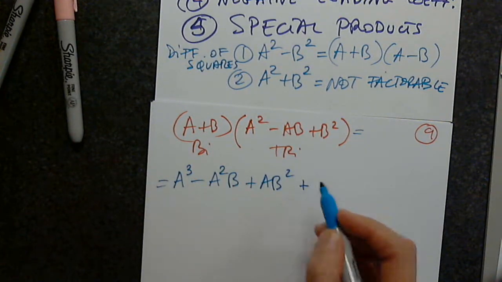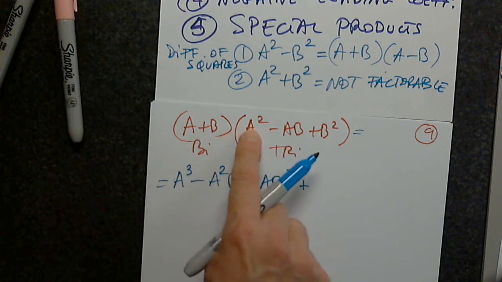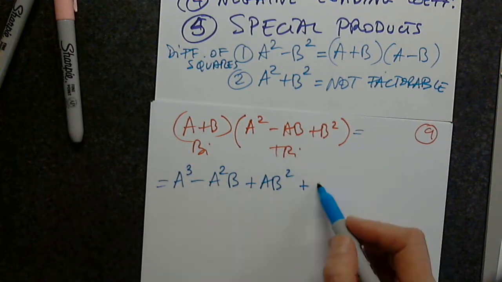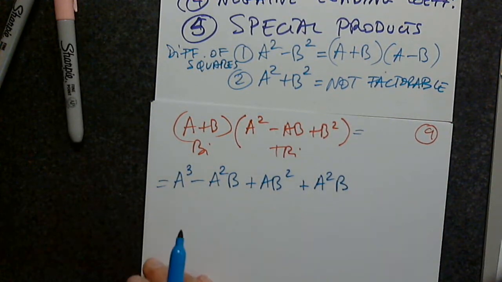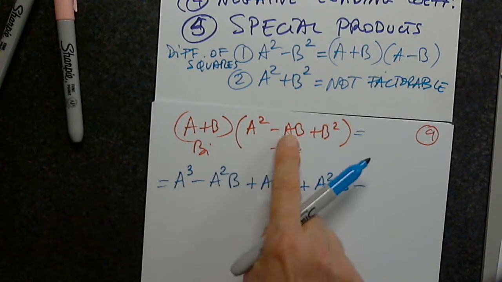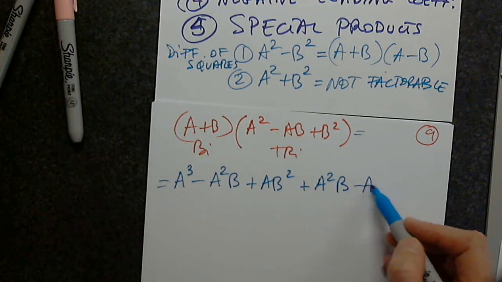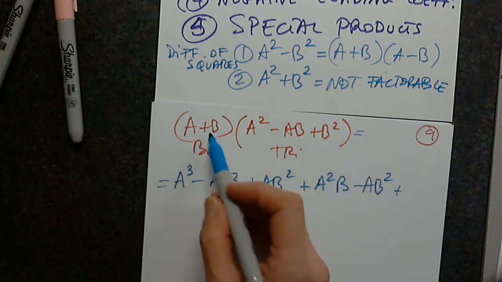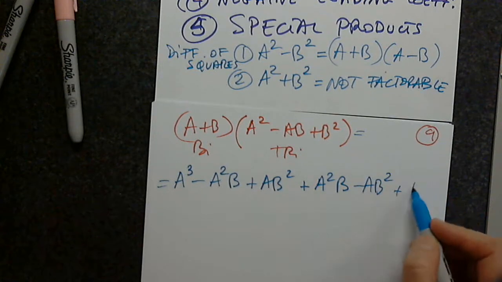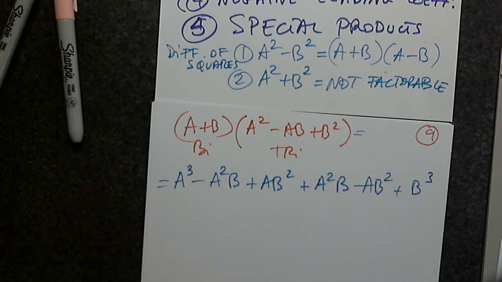Now plus, I am distributing b to these 3 terms. A squared b, minus ab squared, and then plus b to the third. I'm hoping that some terms go away. Do they? Yes. Which terms go away?